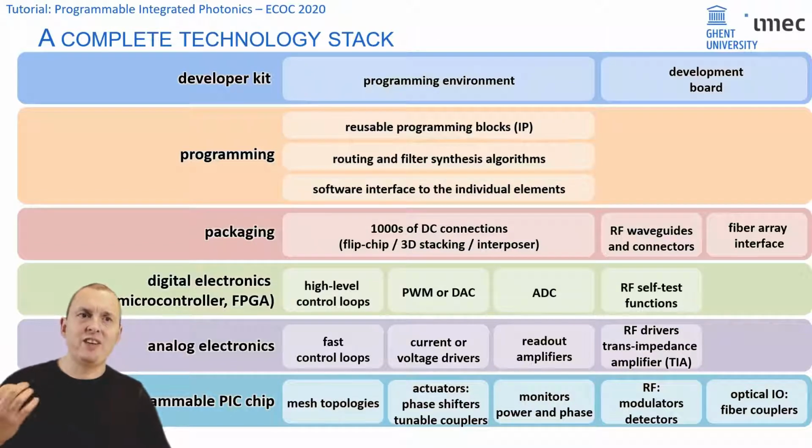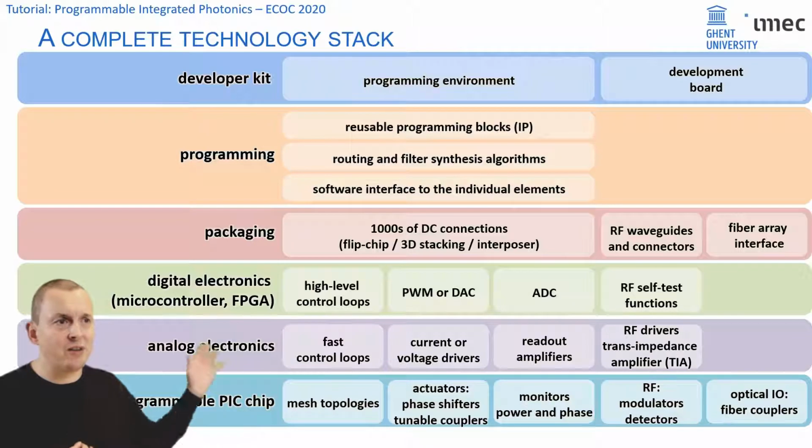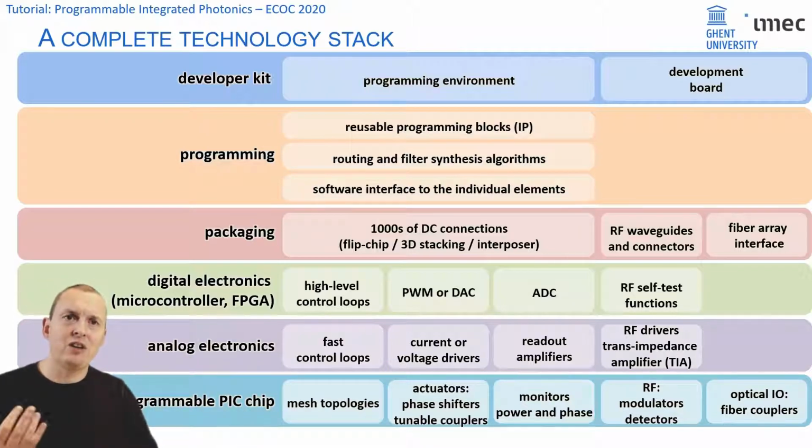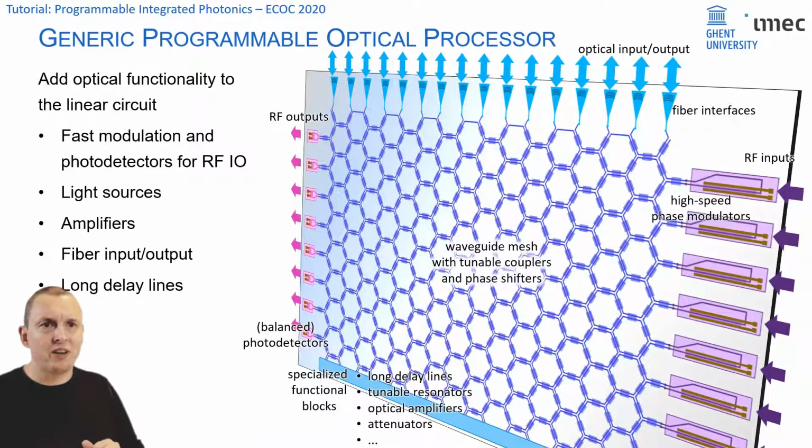So this complete technology stack needs to be built. Before we have every layer filled in to a decent level, we cannot yet use these multifunctional circuits. So if we get there, we would end up with something like this, a generic programmable optical processor, where you have your optical ports, your RF ports, your functional building blocks in there.